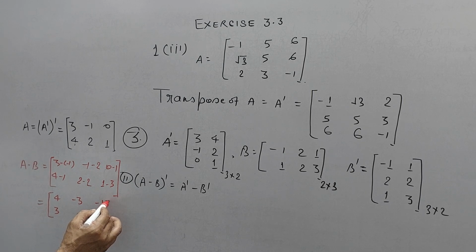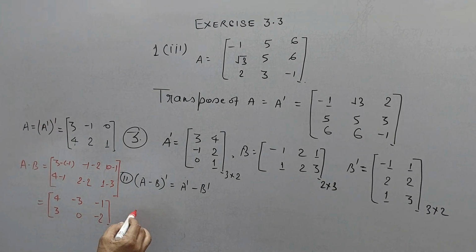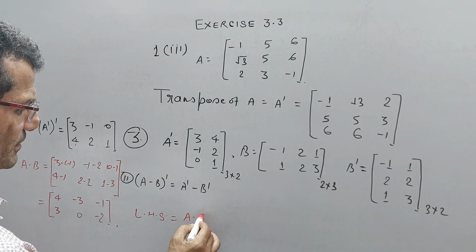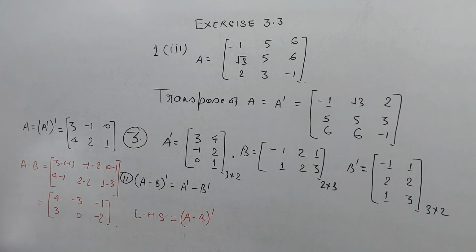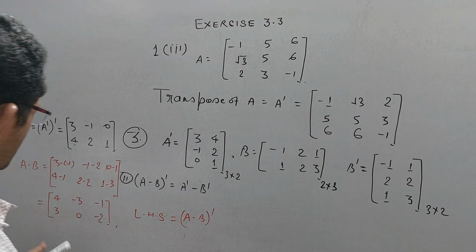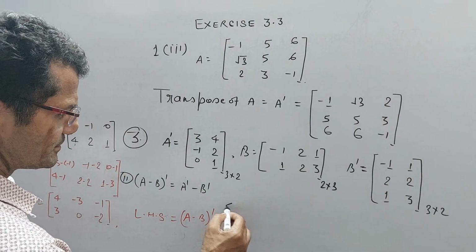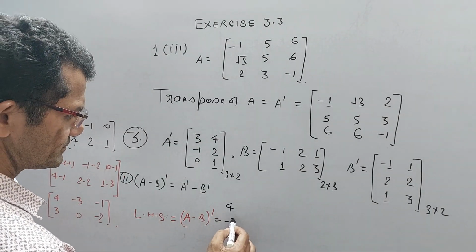Now this is the matrix A minus B. We need the left hand side, which is just the transpose of this. We have to find the transpose of A minus B. The first row becomes the first column: 4, minus 3, minus 1.